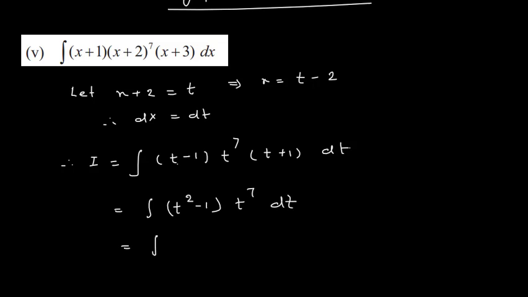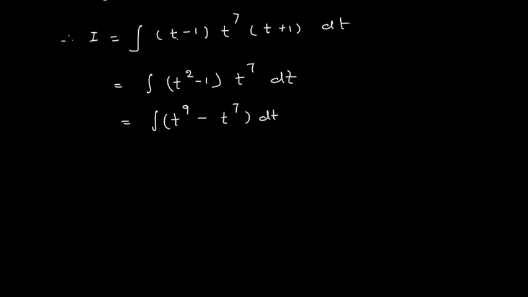So here it is t^7 and t^2, it will become t^9 minus t^7 into dt. So we integrate it and we will get t^10 divided by 10 minus t^8 divided by 8 plus c.